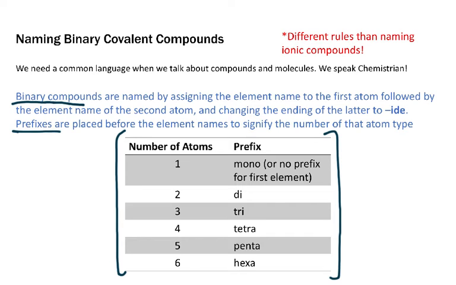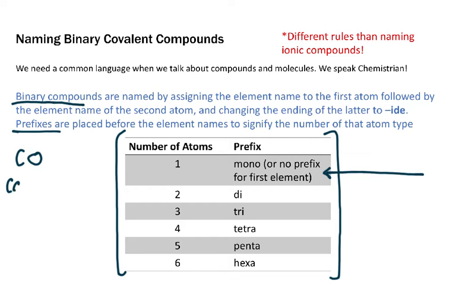So one thing to note, number one, if there's only one atom, it's called mono unless it's the first element, and then we just ignore it, right? So you might have a CO detector in your house, right? CO is carbon and oxygen, and we call that what?